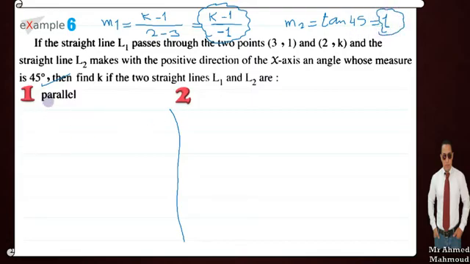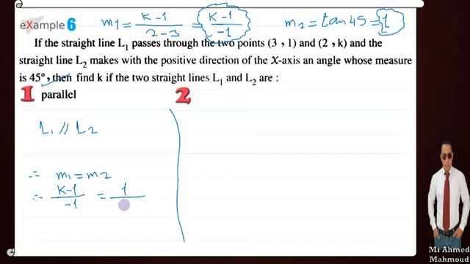If L1 is parallel to L2, therefore m1 equals m2, therefore k minus 1 over negative 1 equals 1.